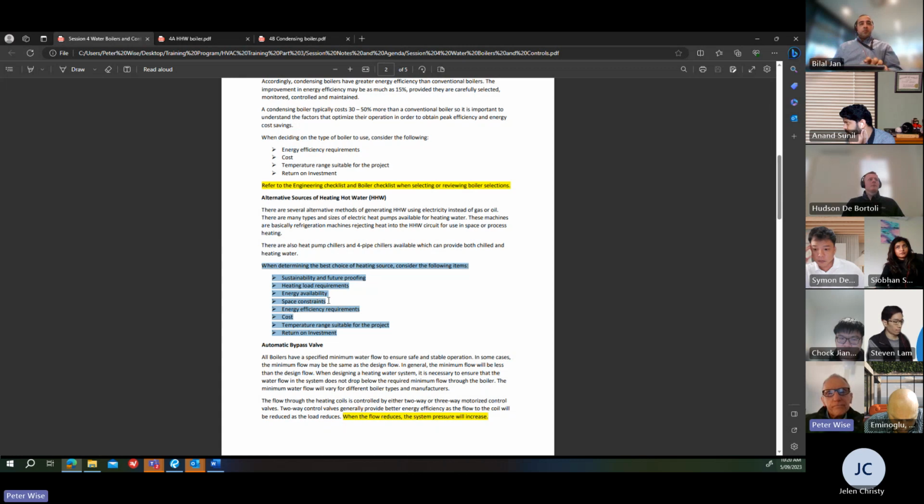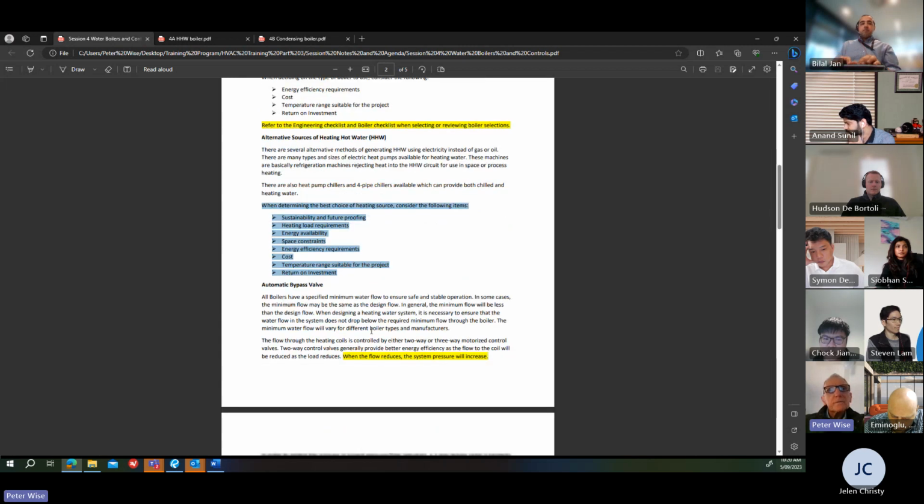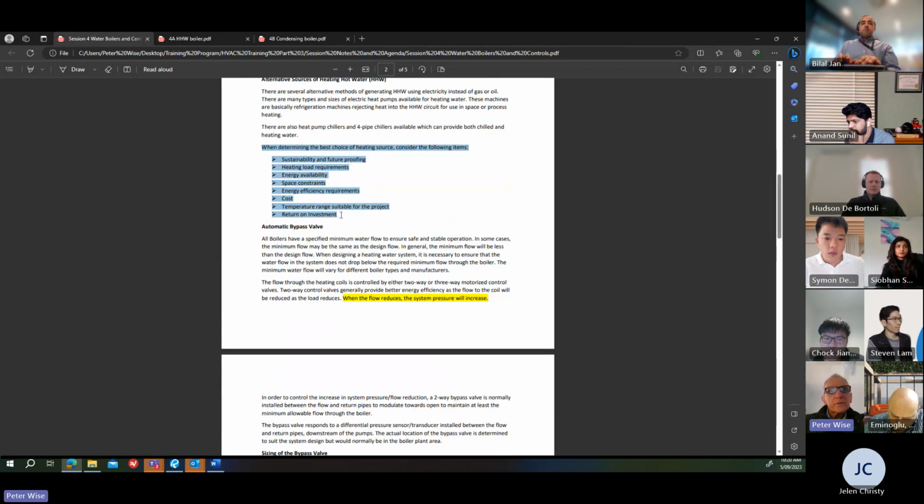If it's an air-cooled heat pump, you've got environmental considerations, corrosion. It's going to be out in the weather, compared with a water-cooled option, which may be protected in a plant room. Energy efficiency requirements, cost, temperature range suitable for the project, and again, return on investment, energy savings versus initial cost.